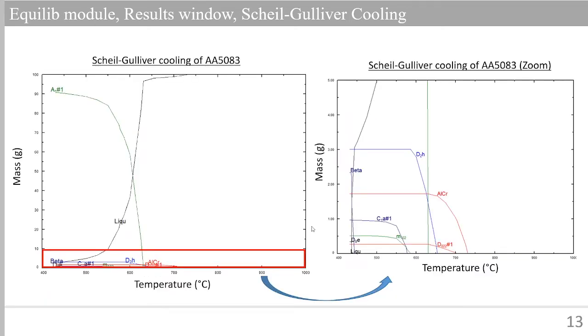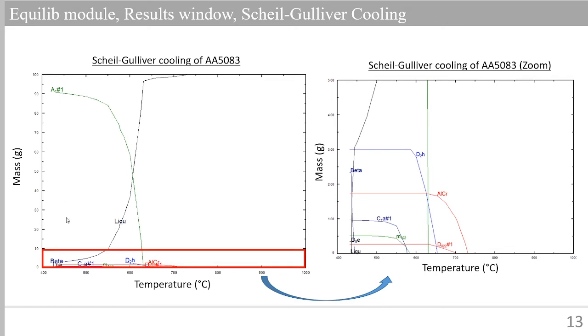By plotting the results, we already see some big differences compared to the equilibrium cooling, most notably the formation of the aluminum matrix is extended in temperature, reaching almost the minimum scale that we set at 400 degrees.